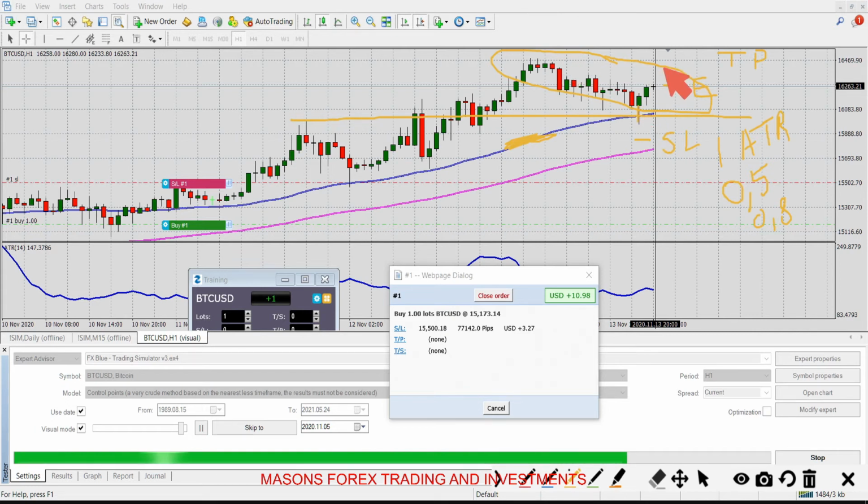So you can try and get yourself involved in the market, because what can happen is we've got two options. Price can go up, reach that level, and collapse lower and take you out.